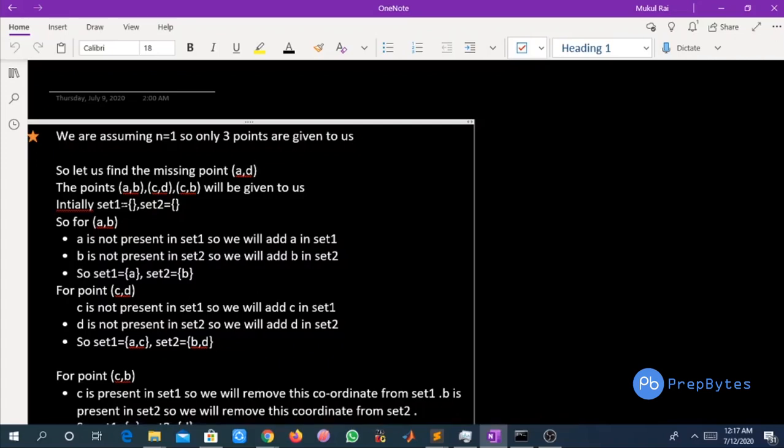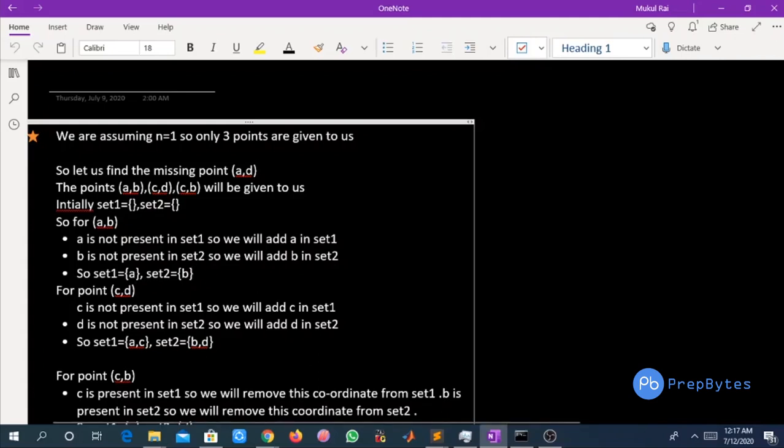For the first input, a comma b, we check if x coordinate a is present in our set. Set 1 is initially empty, so we add a to set 1. b is also not present in set 2, so we add b to set 2. After this operation, set 1 will contain a and set 2 will contain b.